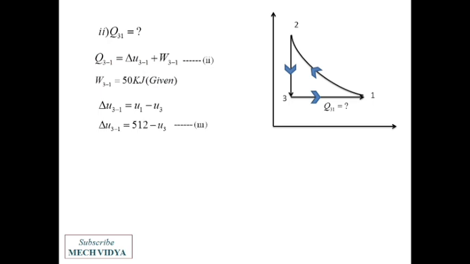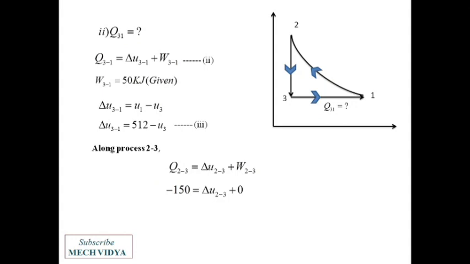We have to find the value of U3 from some other process, so let us take help of the process 2 to 3. Along the process 2 to 3, Q23 can be written as del U23 plus W23 from the first law of thermodynamics. Q23 is given as minus 150 and work done is 0 since it is a constant volume process, so del U23 is minus 150.